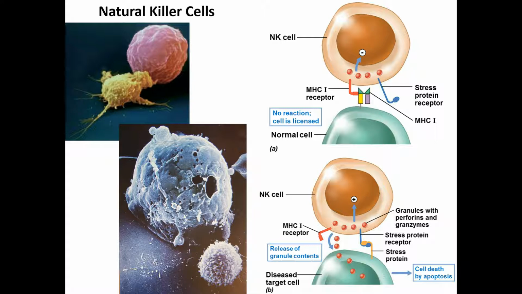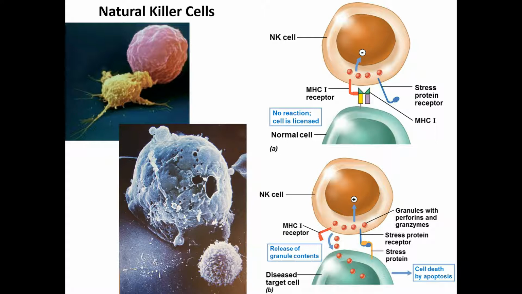Natural killer cell interacts with that normal host cell. That normal host cell is displaying an MHC marker, and everything's normal. Cells that are virally infected or cancerous tend to not display MHC on their surface.